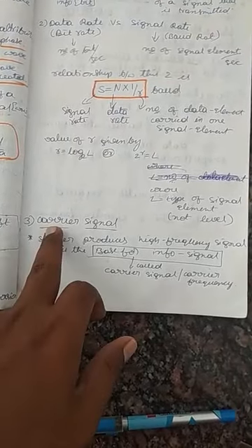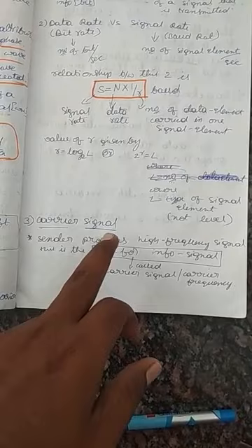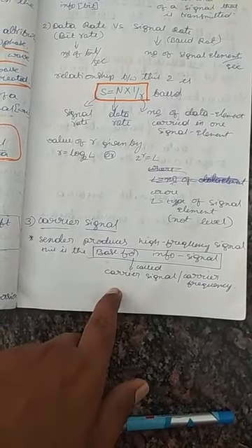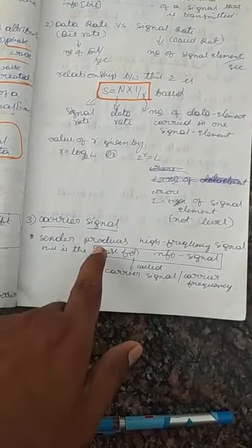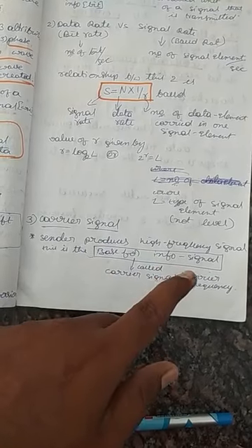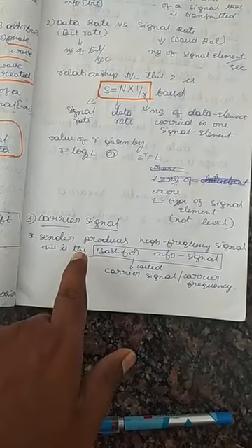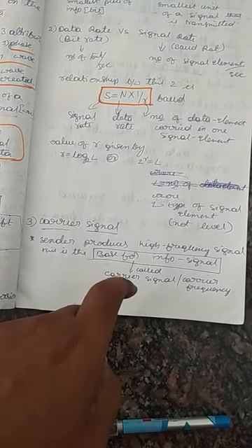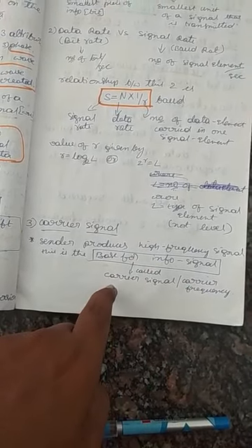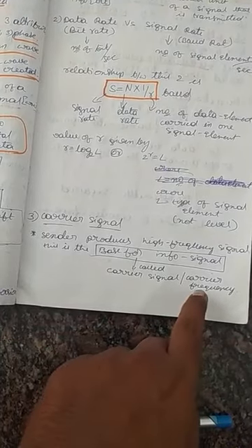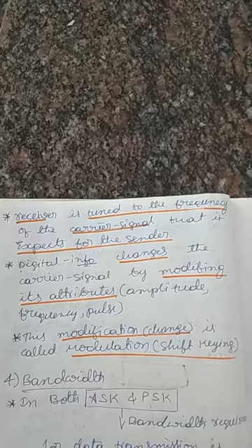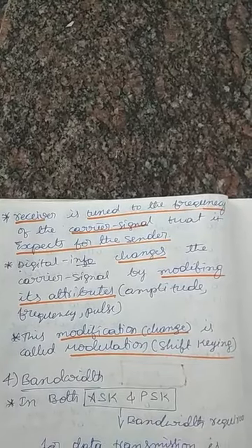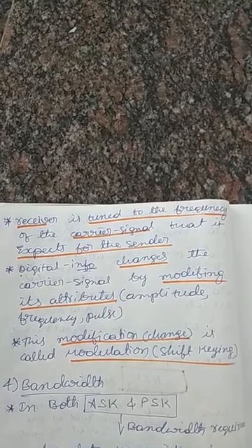Next aspect is carrier signal. What is meant by carrier signal? Sender produces a high frequency signal. This is the base for the information signal. This is called as carrier signal or carrier frequency. The receiver is tuned to the frequency of the carrier signal that is expected from the sender.